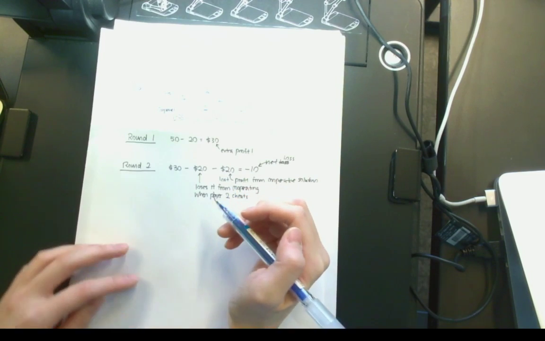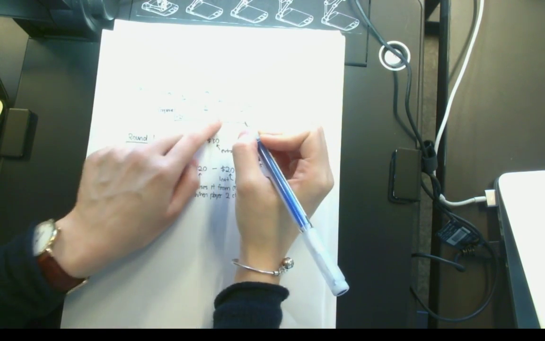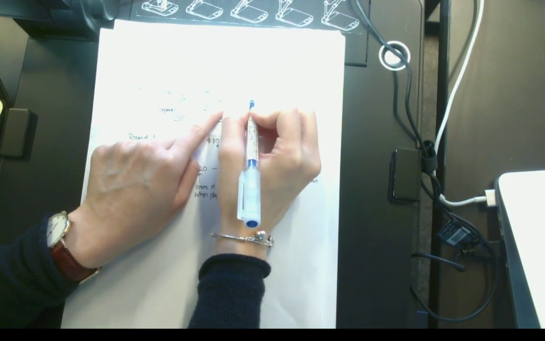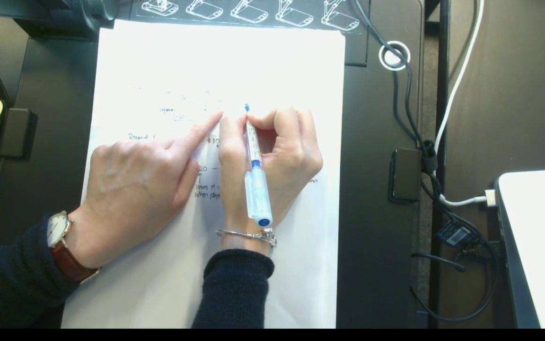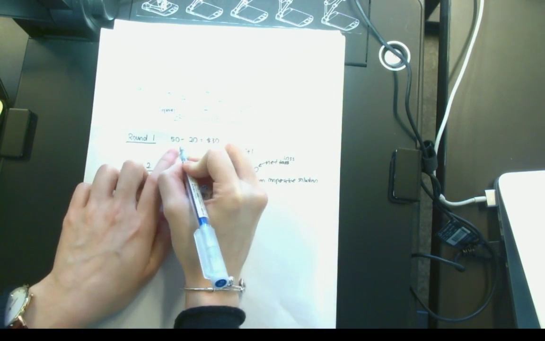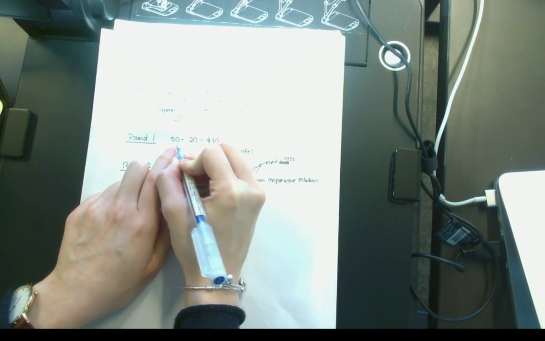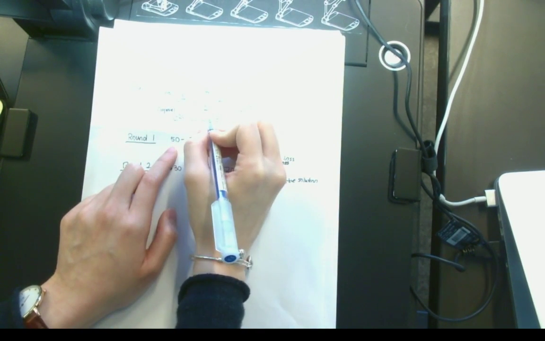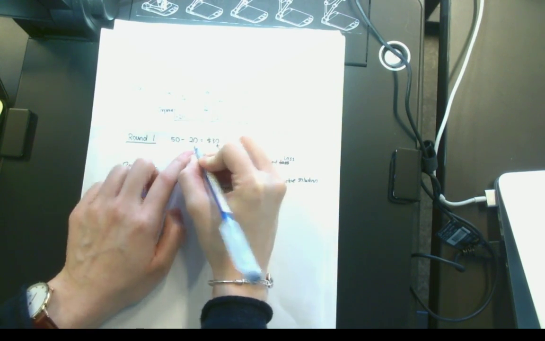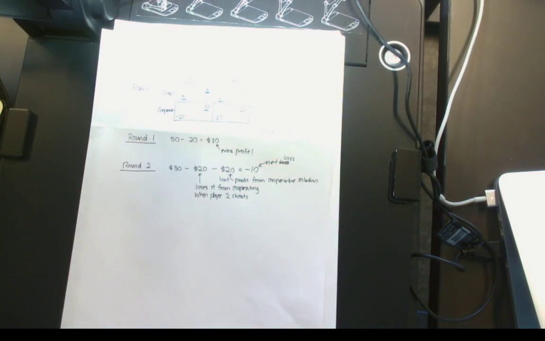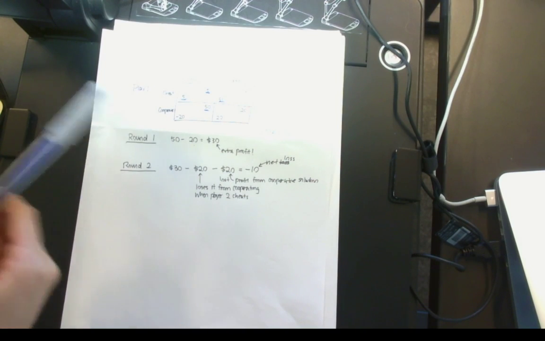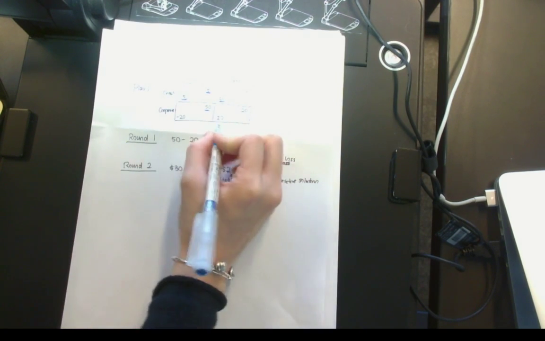Player 1 will make 50 while player 2 will lose 20. So player 1 will make an extra of 30, as 50 minus 20 is 30. This is the extra profit that player 1 will make if they deviate from their agreement to cooperate.